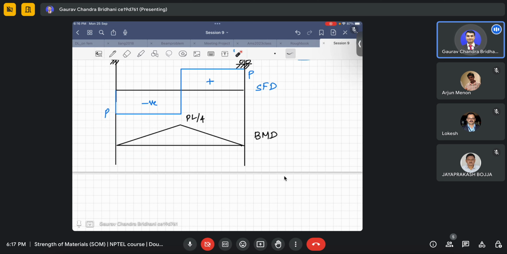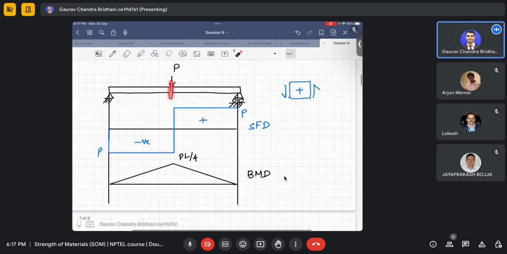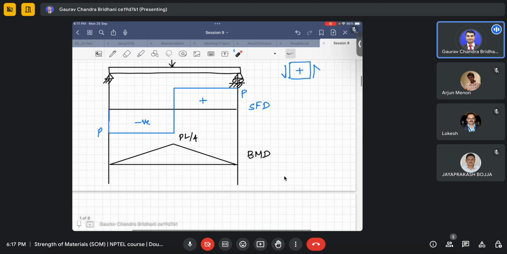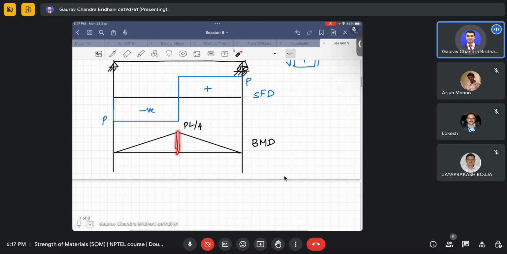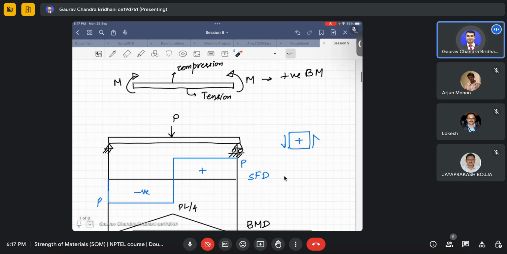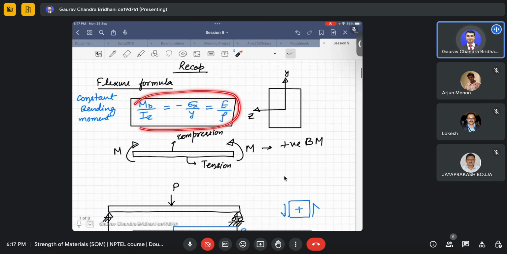Now you can see this is the section of the beam where the point load is applied. There we have the maximum bending moment, and then it varies across the length of the beam. We had discussed that this equation is derived when we consider a constant moment, but you can apply it even for cases where the variation is not constant.